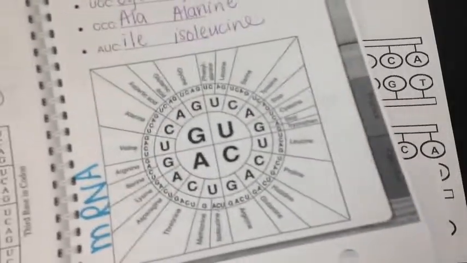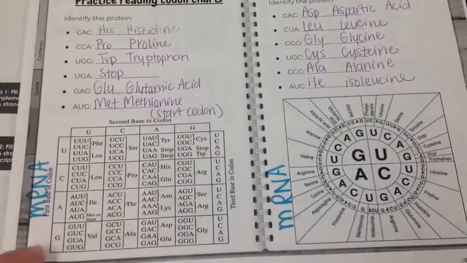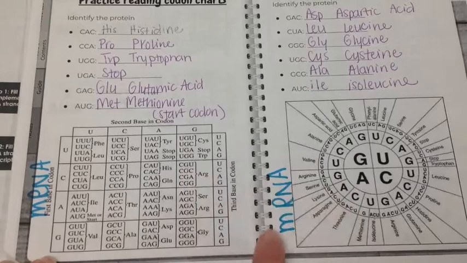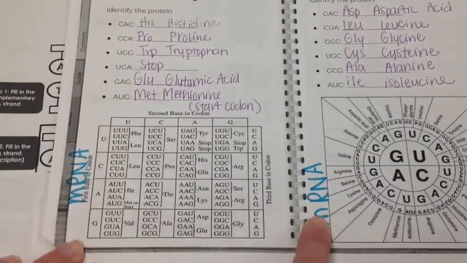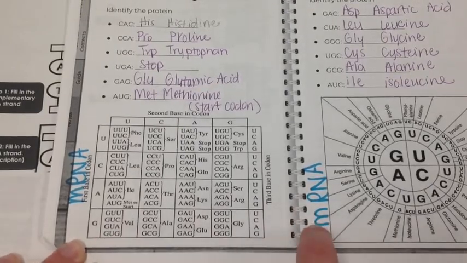Something you might want to remember is that both of these charts are only for mRNA. So I like to write mRNA off to the side so that I remember that mRNA is for the codon chart.